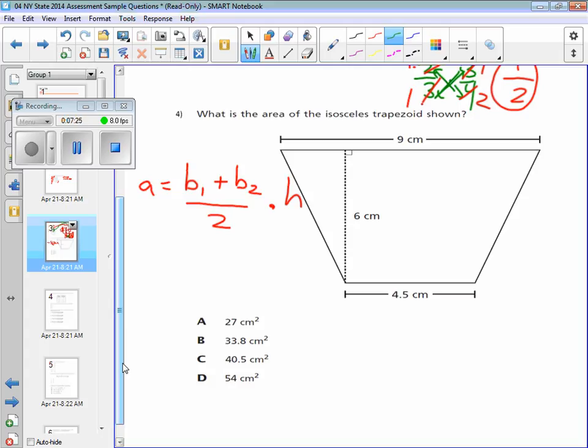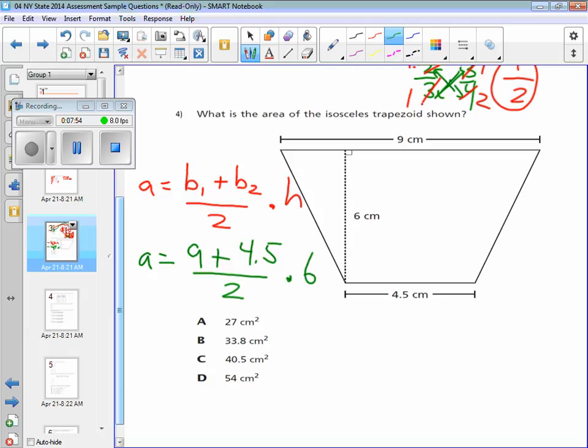So we have A equals, it doesn't matter whether I call base 1 the bottom or the top because addition is commutative. So I'll do it from top to bottom. 9 plus 4.5 divided by 2 times, what's the height? It happens to be the up and down 6.